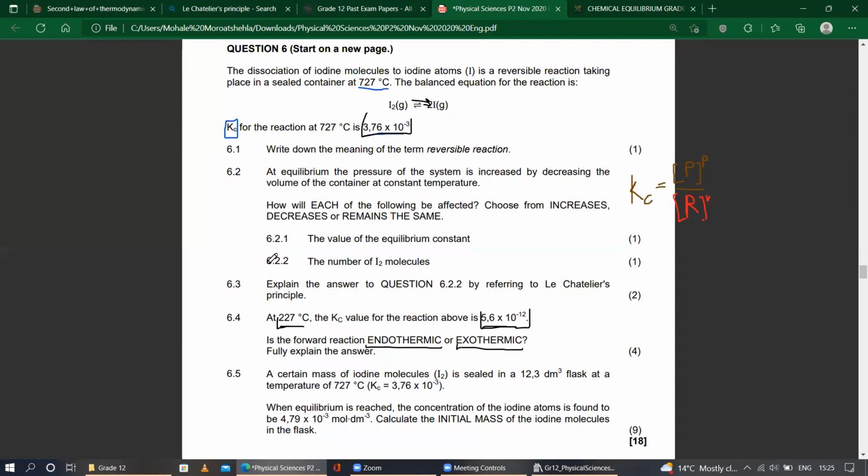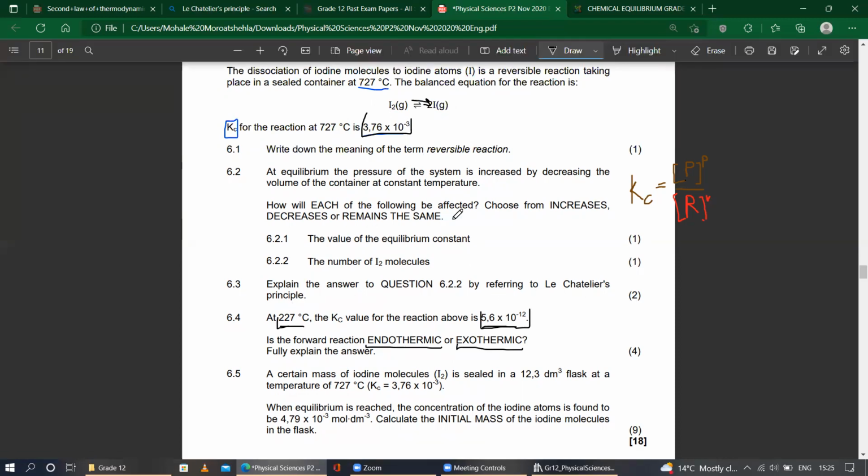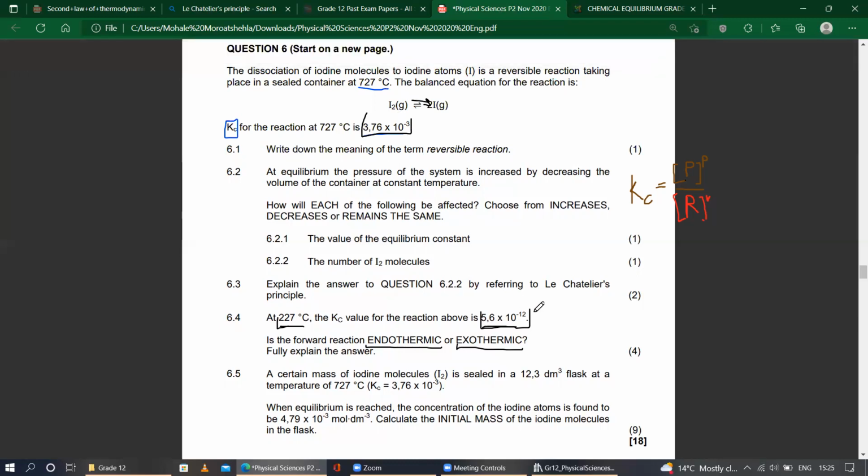So from this, we know that temperature has decreased. Kc is directly proportional to the temperature in this case. We have to relate this to energy in order for us to get the answer.